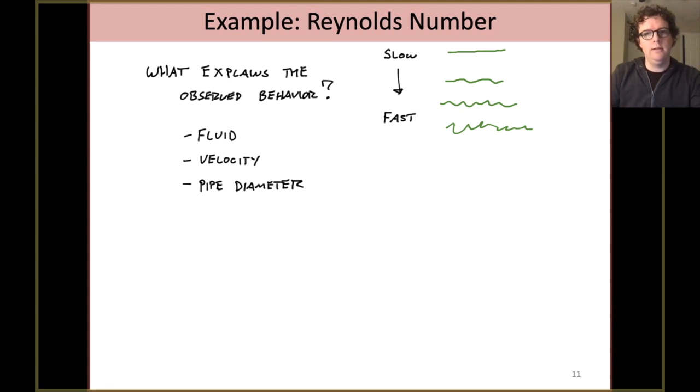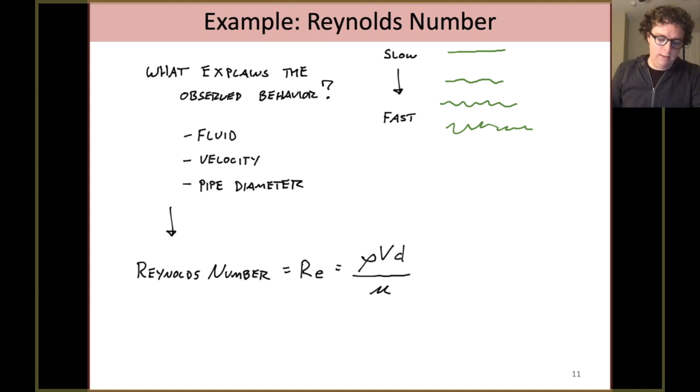The velocity seemed important. We know that was changing through the video clip. And the geometry of the problem. So that was one size tube. Would that happen the same way if the tube was larger or if the tube was smaller? And so the way that we combine these things all together is into a dimensionless group called Reynolds number.